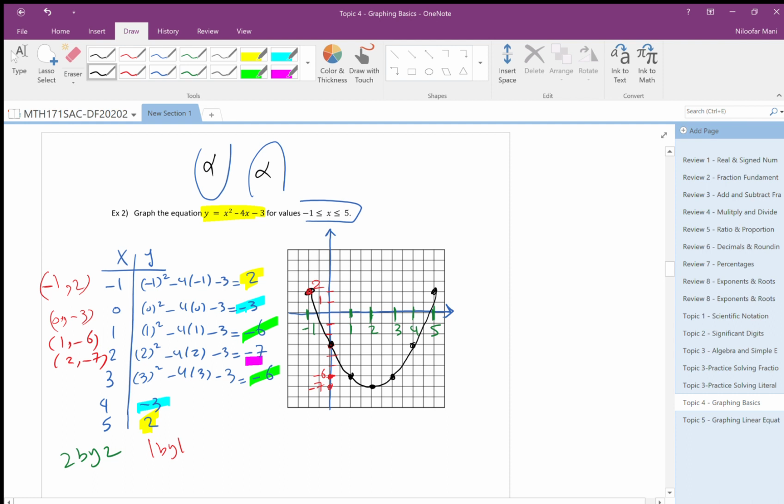The reason I said from minus 1 to 5 is that if I said just from minus 2 to 2, you wouldn't see the whole part of the graph, but we really want to see the important part and how the graph looks.